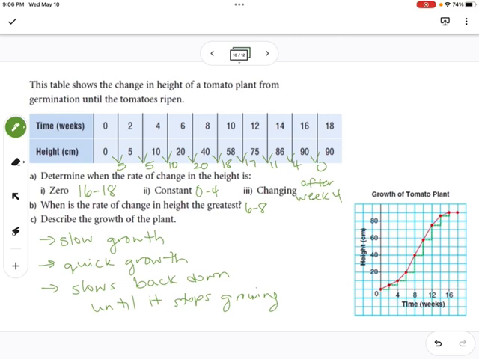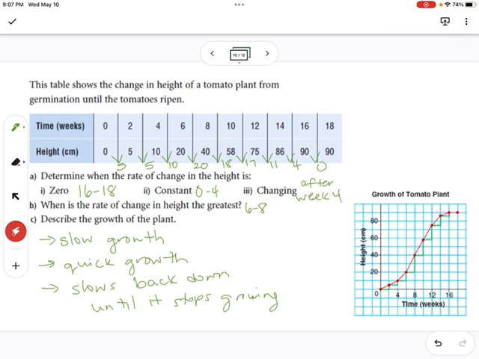So focusing on those different rates of change and what those mean. So when there is no rate of change, we notice that's from 16 to 18, and we notice that we have a straight line that goes across here. So when there's no rate of change, there's no growth, then that's a straight across horizontal line.